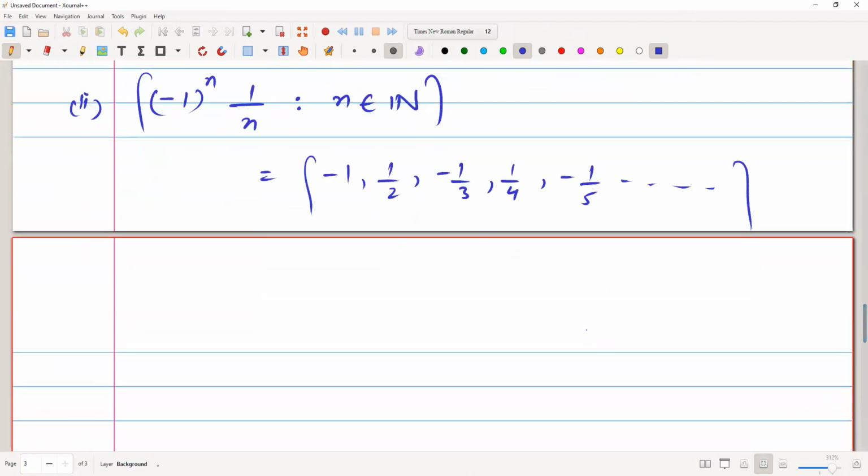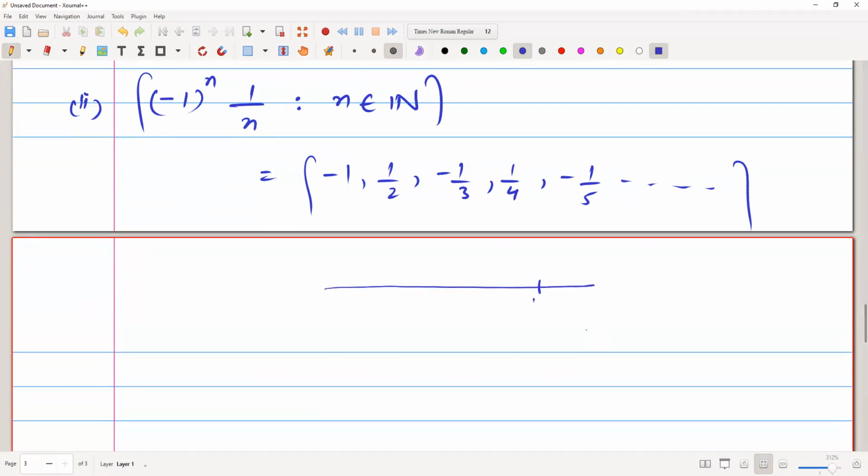And eventually, we can see here that the largest value in this set is going to be 1/2, because no other value can be larger than 1/2.